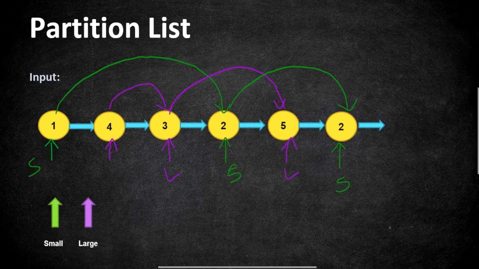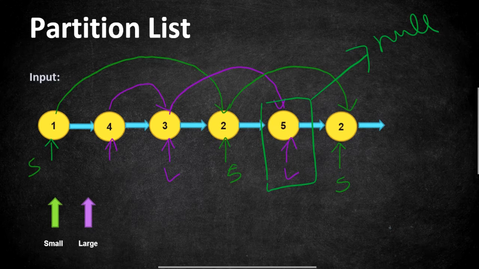Now our small pointer ends at the last small element and the large pointer ends at the last large element. Wherever the large pointer is, that is going to be the last element of the list. So we connect null to it: the next of large is going to be null, because that is the end of the list.